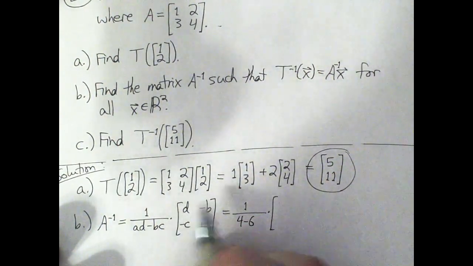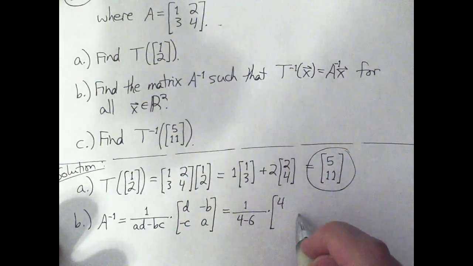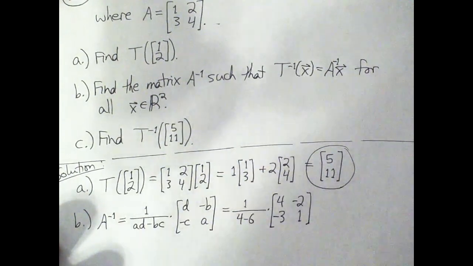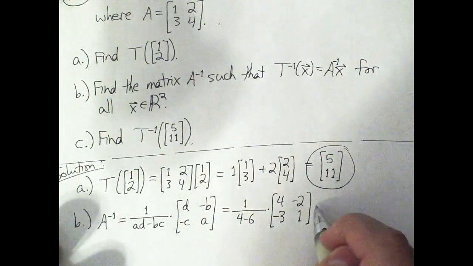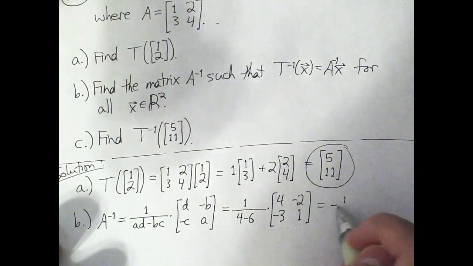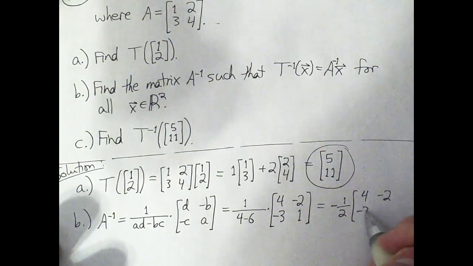And then for this matrix, it's like the 1 and the 4 swap places. So we're going to have a 4 and a 1. And the 2 and the 3 stay where they are, but they become negative. We could figure out what this is. 1 over 4 minus 6 is negative 1/2. 4, negative 2, negative 3, 1.